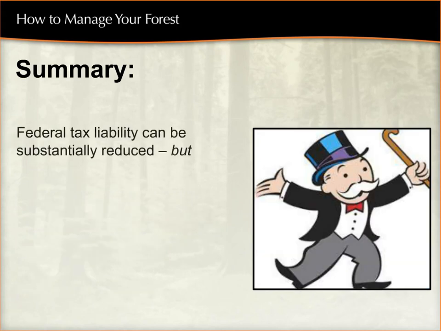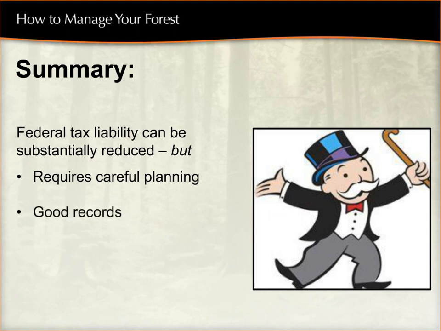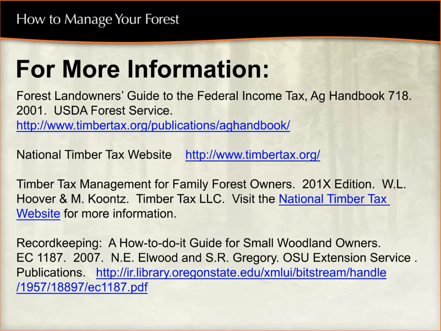Federal tax liability on a family forest operation can be substantially reduced, but it takes careful planning, good records, and sometimes professional help. Listed here are several publications and websites that can help you with your tax planning.